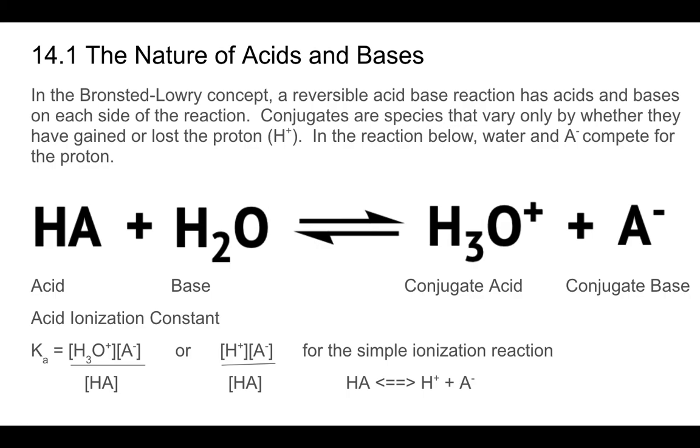Now, since this is an equilibrium reaction, we should know how to write the equilibrium expression for it. We call the K for this the acid ionization constant. Some books, I think Zumdahl, call it the acid dissociation constant. I prefer, since acids are molecules, not to say that they dissociate, but that they ionize.